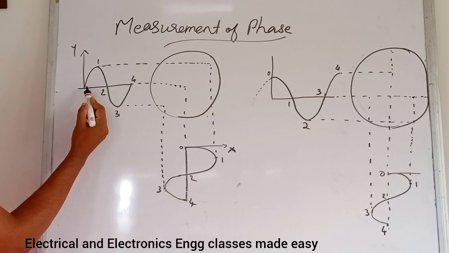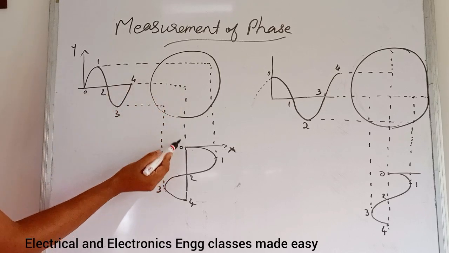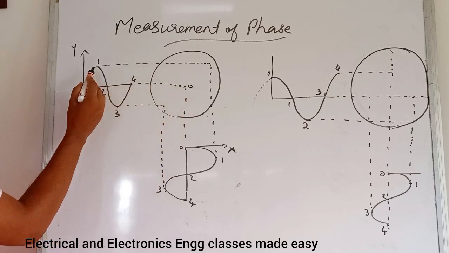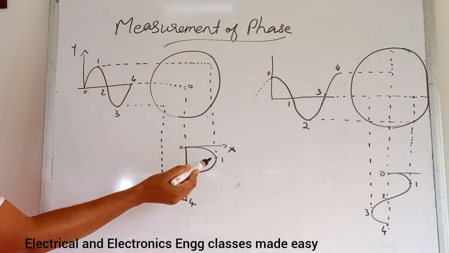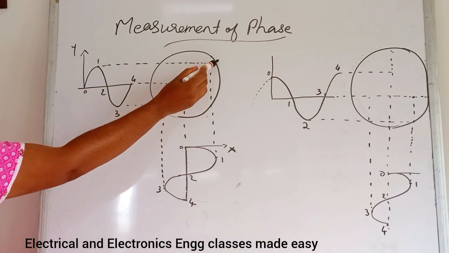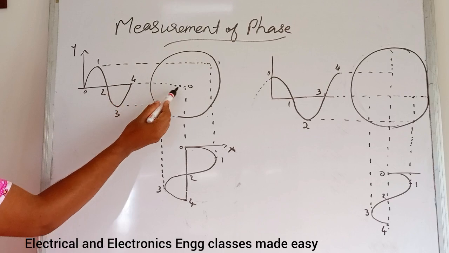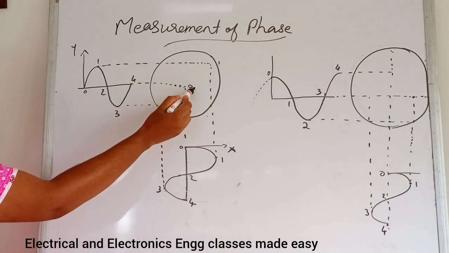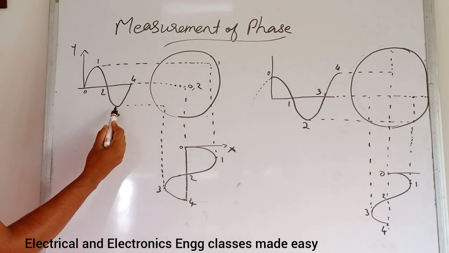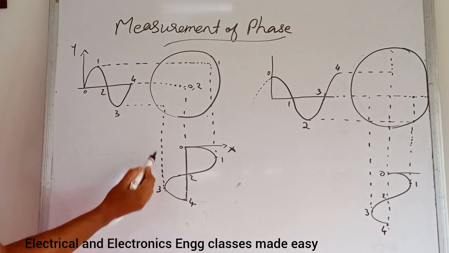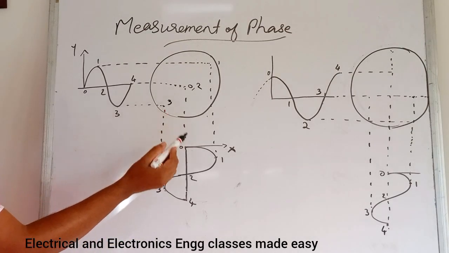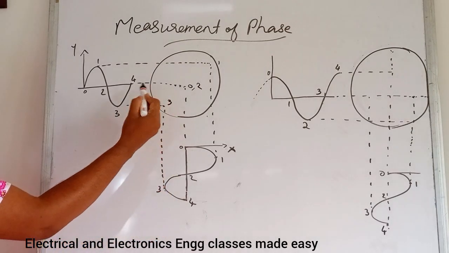So this is 0 and these 0 are here. Then 1. So this is the point 1. Then 2. So here also 2 here. Then 3. So this is point 3. Then 4.